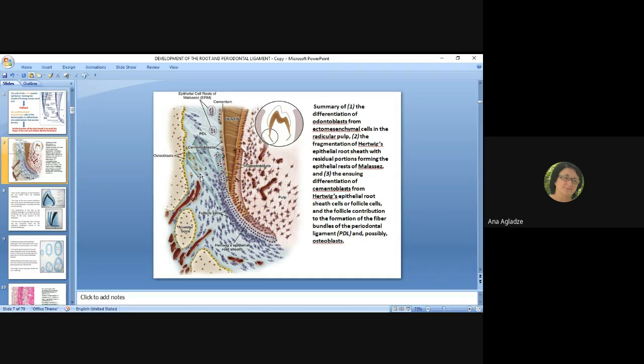There is evidence that cells from the apical region of the dental papilla migrate around the epithelial root sheath and supplement the number of cells in dental follicle. And cells may also migrate into the developing periodontal ligament from the endosteal spaces of the adjacent alveolar bone here.